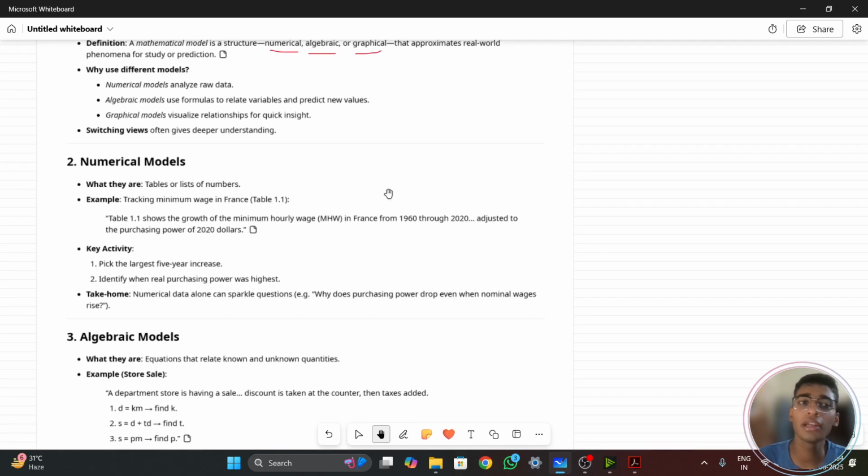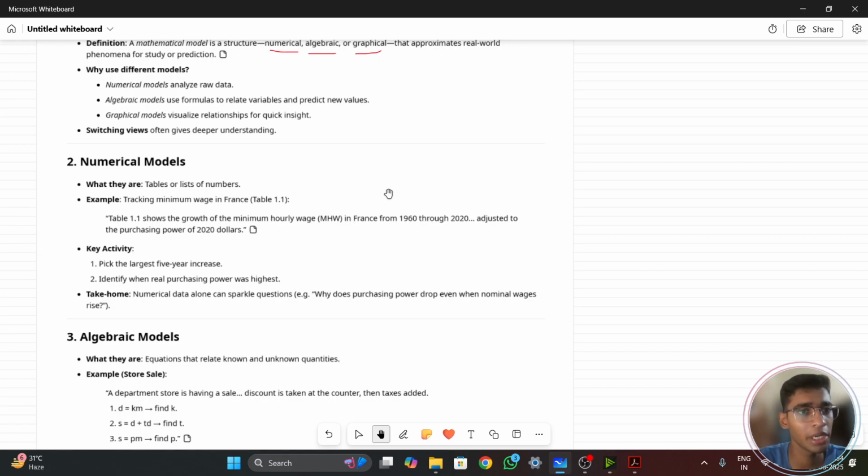So why is there a need of using different models? Numerical models always analyze raw data. You need some form of numerical values in your data set. That is why you hold surveys to know how much raw data you have, and then apply different formulas to it. Algebraic model is the next step.